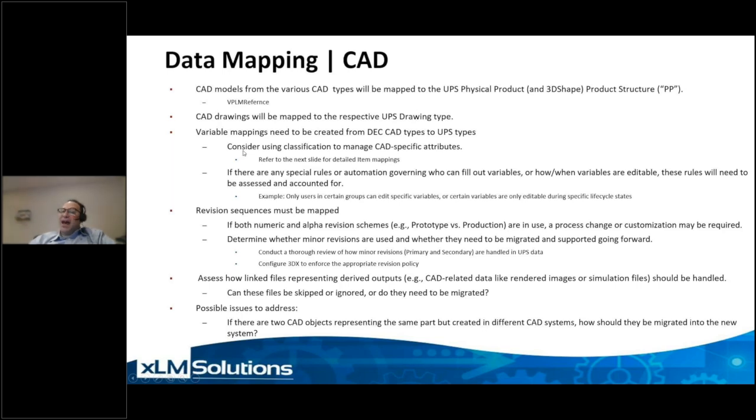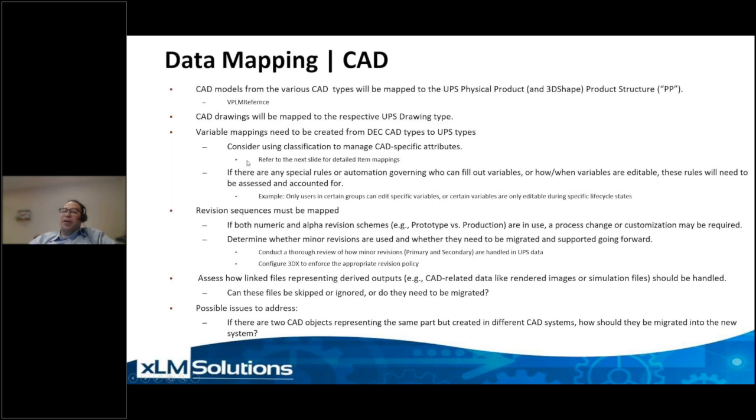Sometimes you have subtypes within your Designer Central data model, so you have different types that represent the same CAD object. This may be more with items. You may want to consider classification, the Classification Manager tool, to allow different attributes based on different classes or organizational structure of the data. We'll talk about this a little bit later.